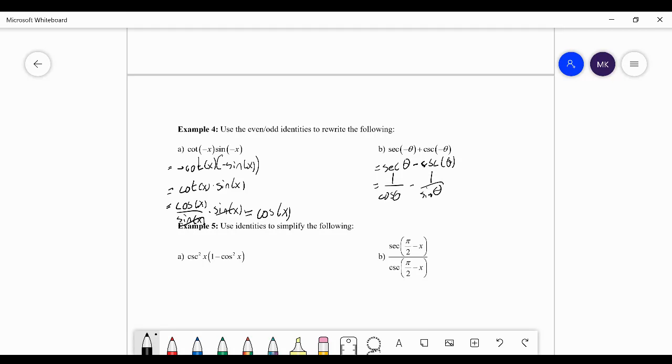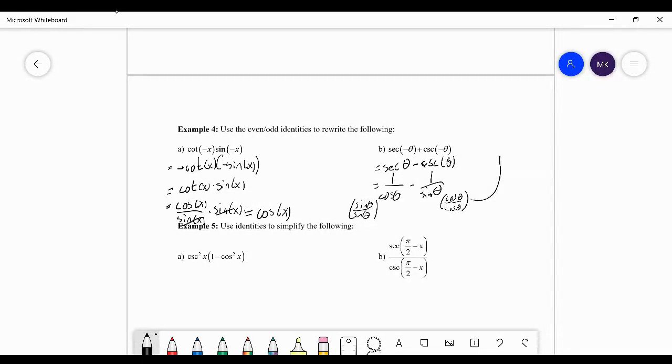Now we can't just subtract these, right? It's not like 0 over cosine theta minus sine theta, right? When we are adding or subtracting fractions, we have to have that common denominator. Our lowest common denominator here is going to be the product of cosine and sine. And so I'm going to multiply on the left-hand side by sine theta over sine theta, and on the right-hand side by cosine theta over cosine theta.